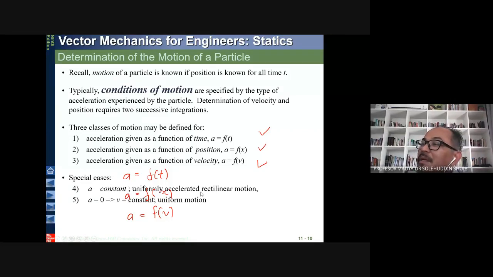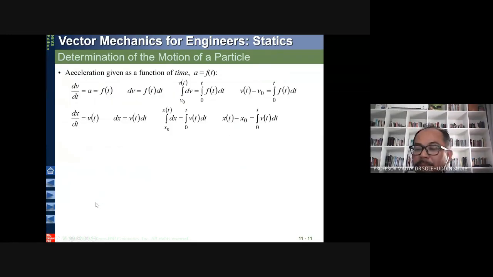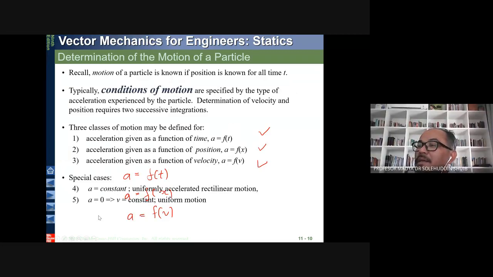Special case means the value of A is constant. By saying A is constant, we mean it is uniform accelerated rectilinear motion. And acceleration will be zero when the velocity is constant. This is uniform motion.